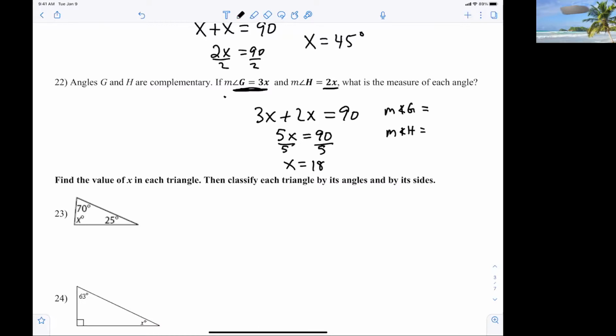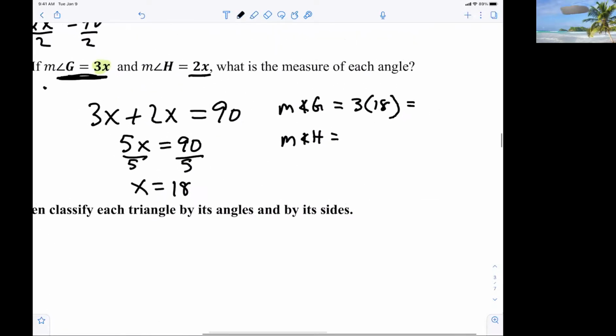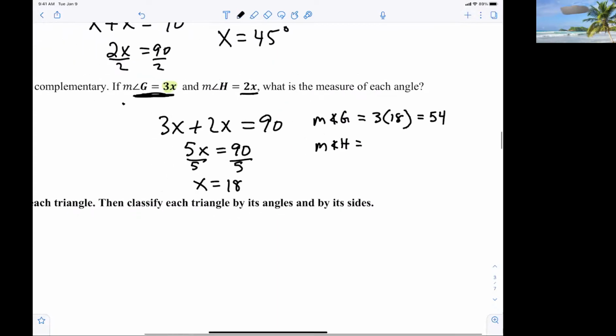What does x equal? Right, so G is 3x. G is 3x, right? So that means G is 3 times 18. What's 3 times 18? So now how do I figure out what H is?